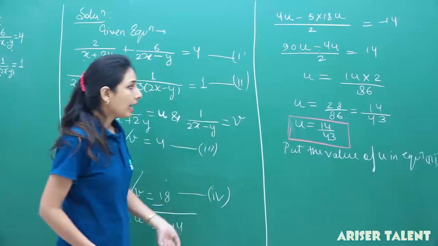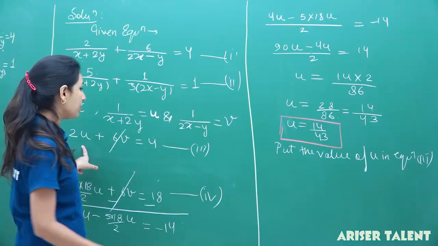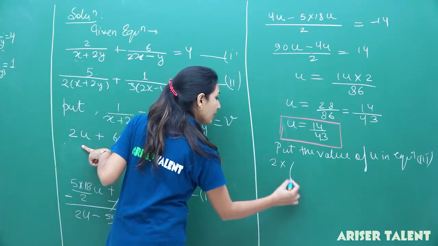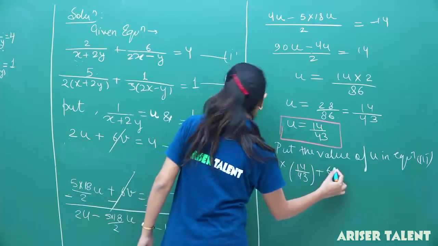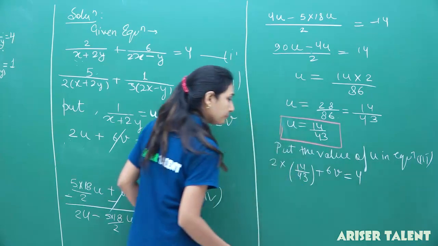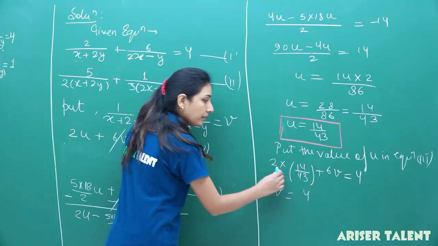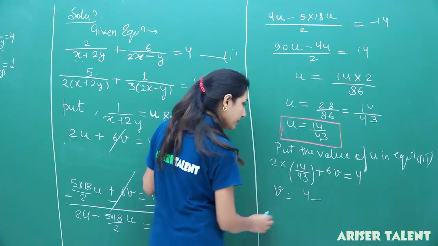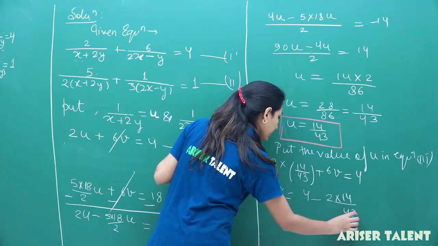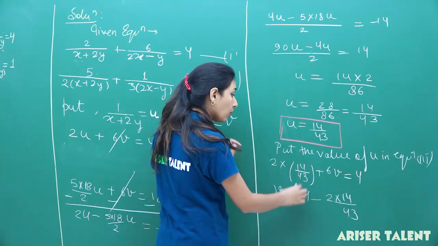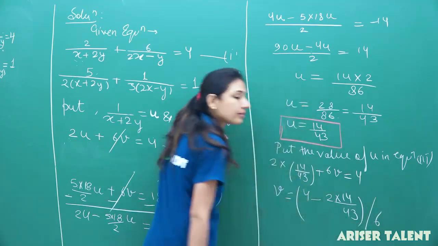So, with u equals 14 by 43, in this equation I will get 2 multiplied by 14 upon 43 plus 6v equals 4. So, v will be equal to 4 minus 2 multiplied by 14 upon 43, complete, divided by 6.